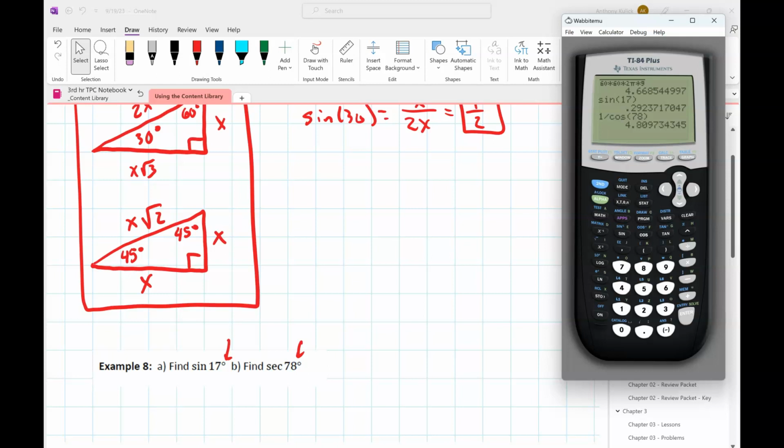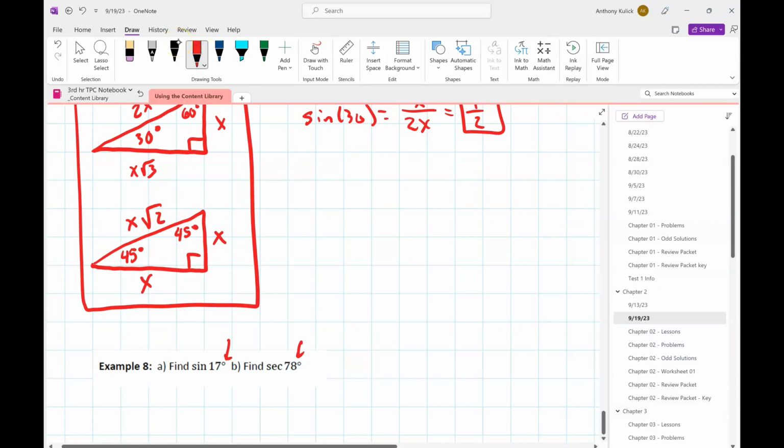Okay. What do you guys think? So far, so good? This was pretty easy so far? Okay. Tomorrow we start, or next time we start building out our definition of, or trying to extend these definitions, sine, cosine, tangent, secant, cosecant, cotangent, to include angles bigger than 90 degrees.